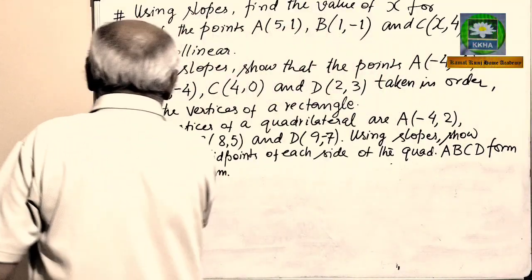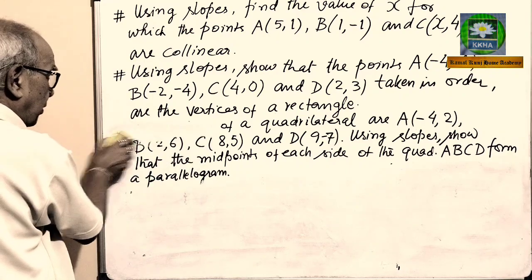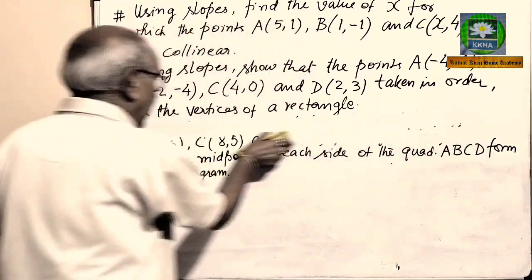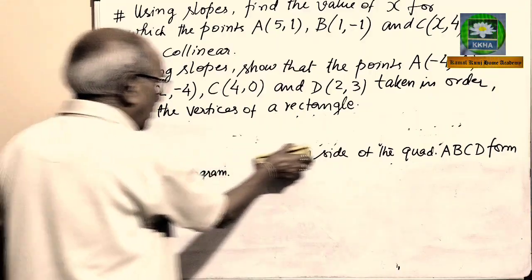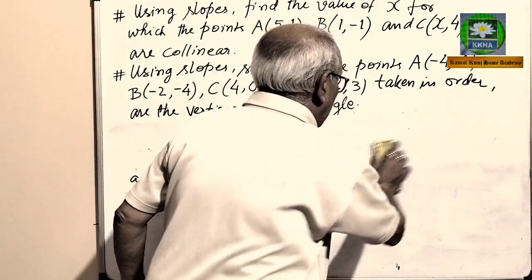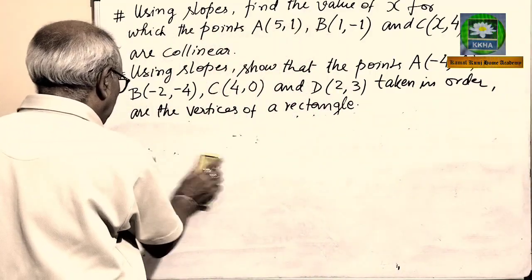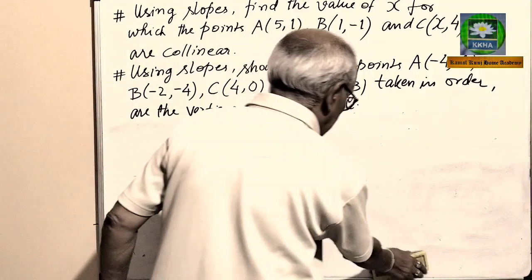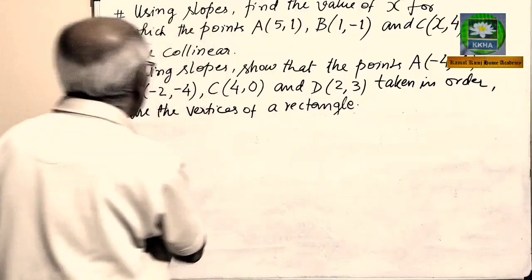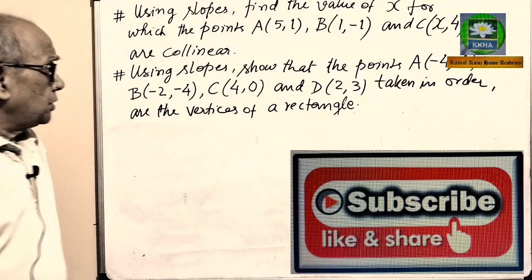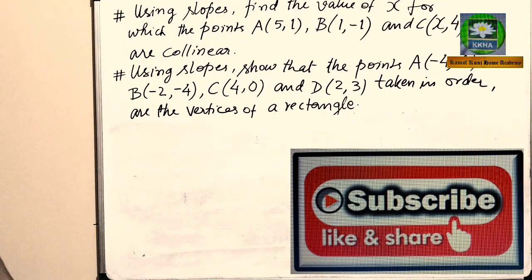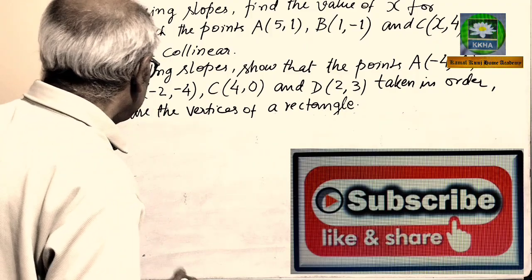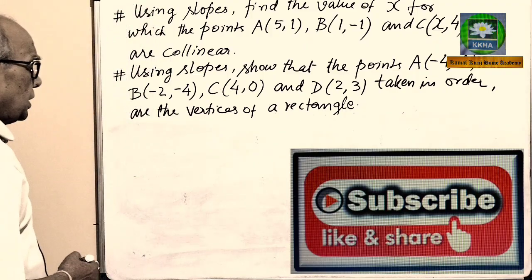Next problem is: using slopes, show that the points A, B, C and D taken in order are the vertices of a rectangle.